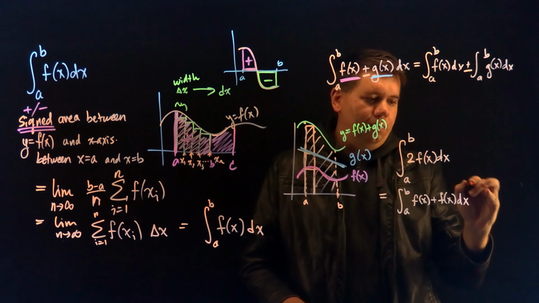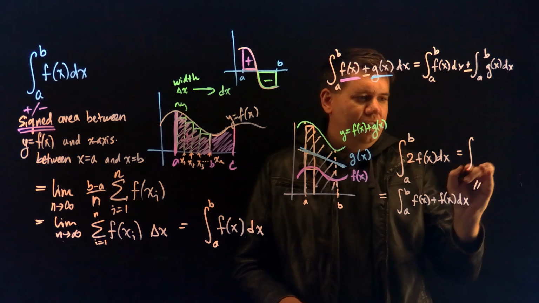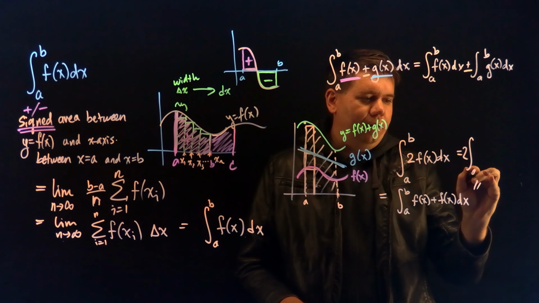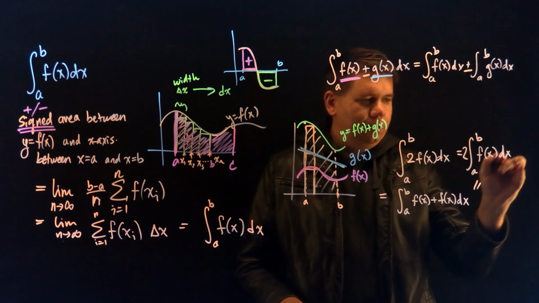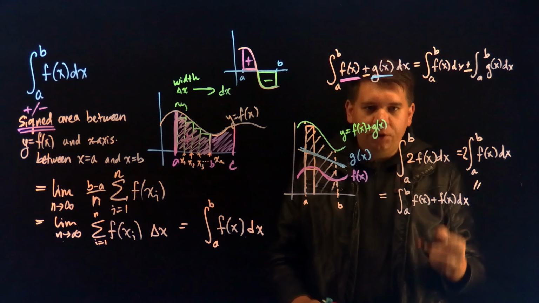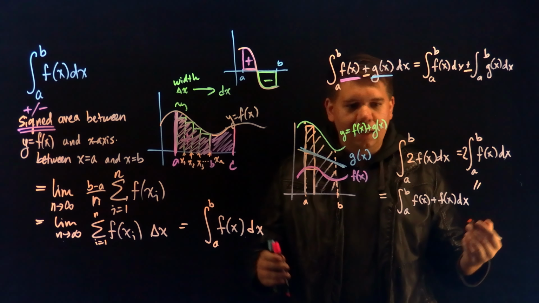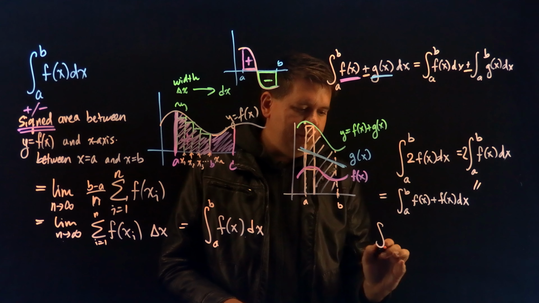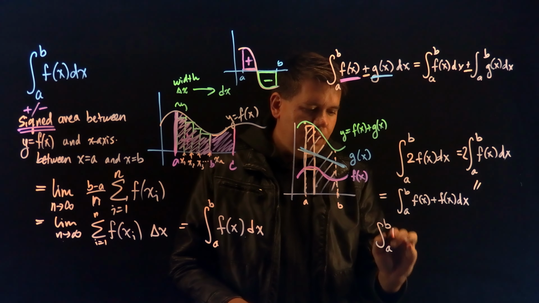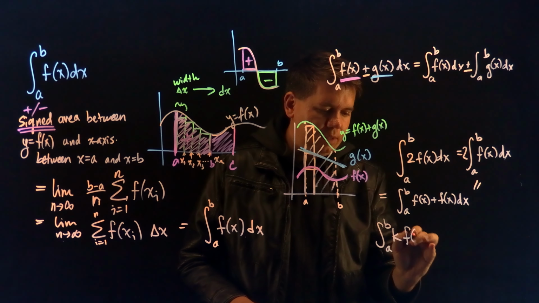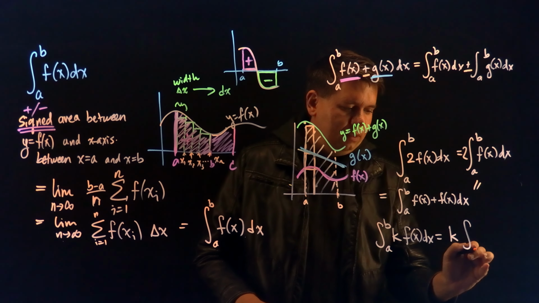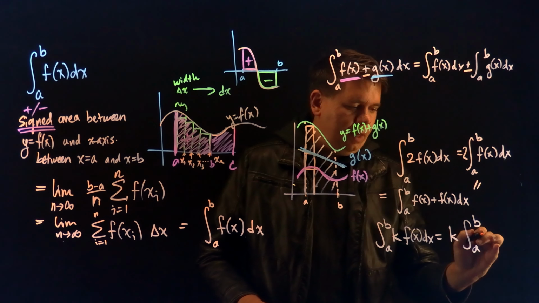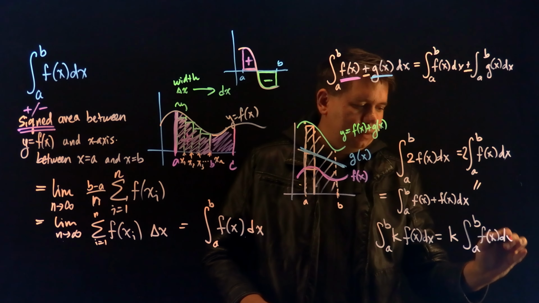So that just comes out to be 2 times the area from A to B under f of x. And there's nothing special about 2. If I had done 3 or 4, any other constant as well, I would have the area from A to B of some constant times f of x. It's just that constant times the area from A to B of f of x dx.